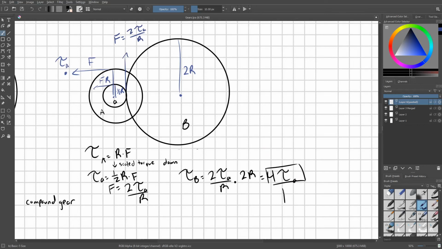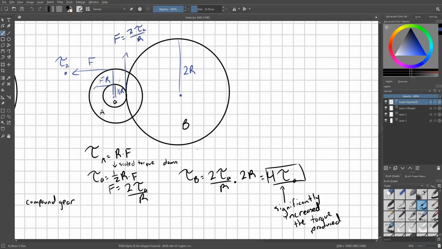So we've significantly increased the torque produced from gear B, right?